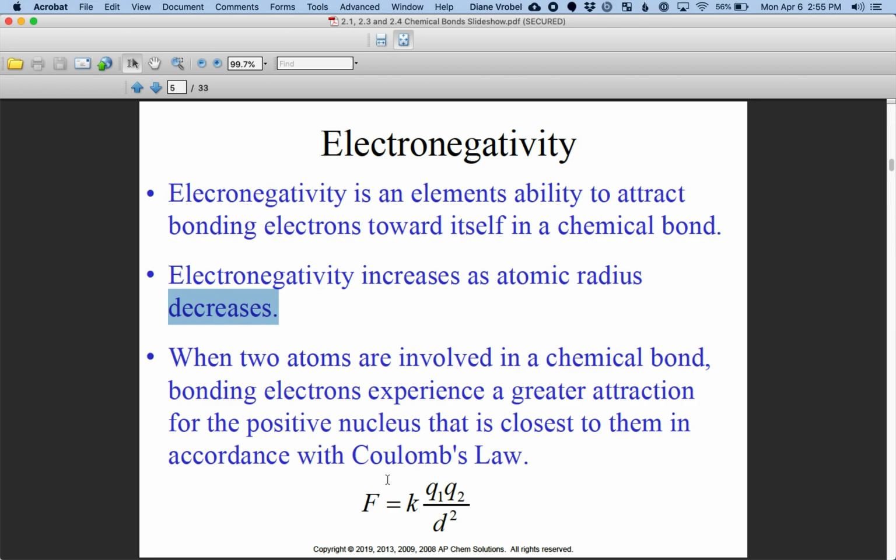Now, our friend Coulomb's force of attraction, we're looking at how strongly the electrons are attracted to the nucleus, and that is based on distance. So if you have a smaller distance, you're going to have a greater force of attraction. As a result, if you have a larger radius, you're going to have a weaker force of attraction.